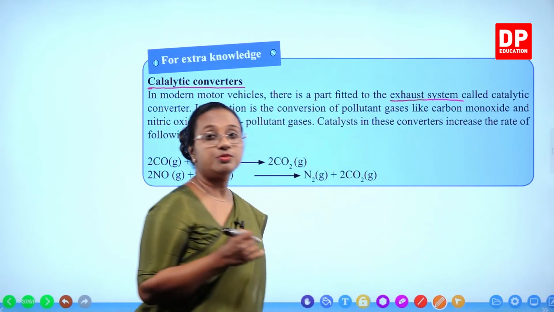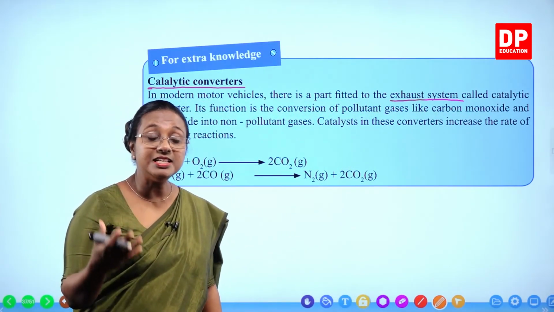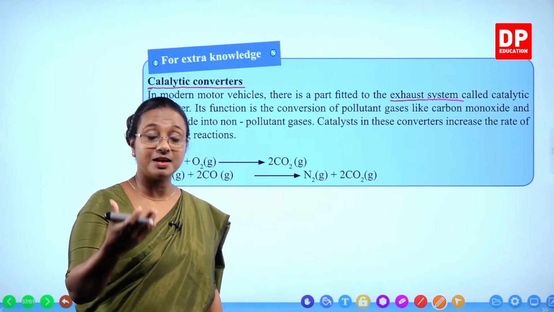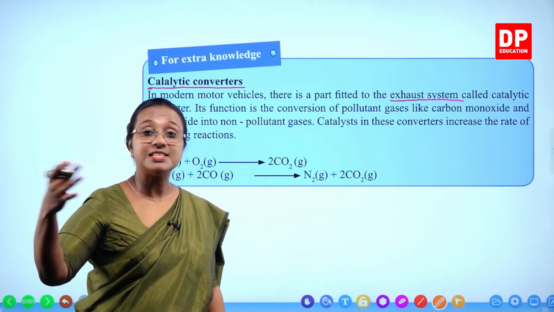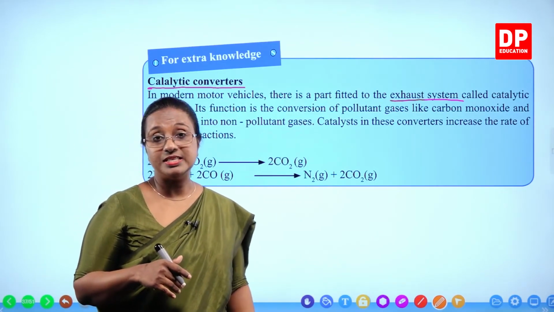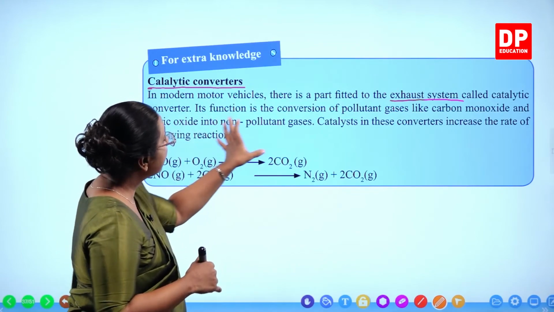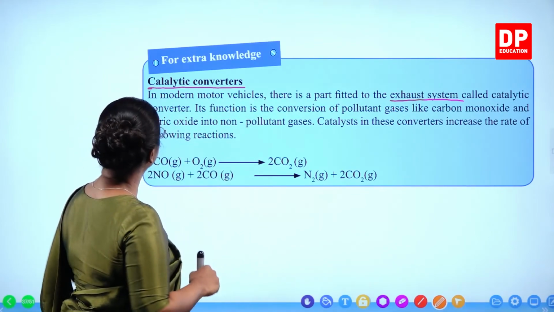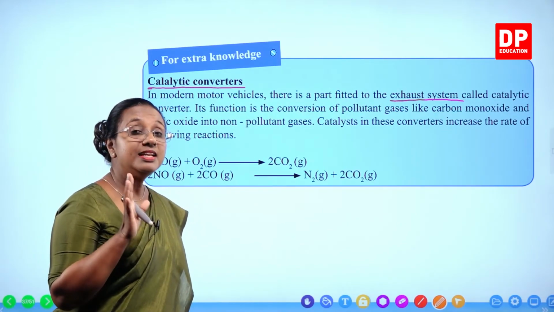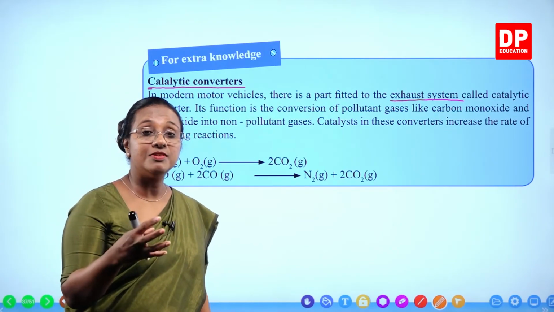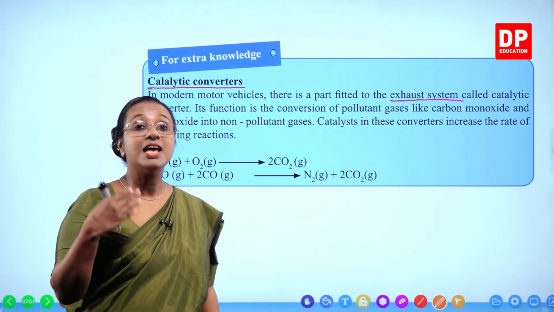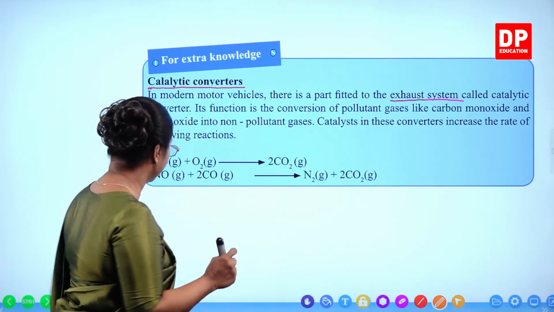You all know that when there is ignition of fuel, combustion takes place, gases are being released, and those gases are given out through the exhaust. To this exhaust system, they connect a part which is called the catalytic converter. This catalytic converter converts some of the poisonous gases that are present in the exhaust.